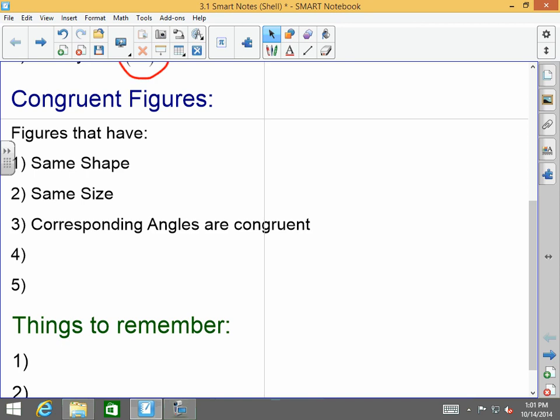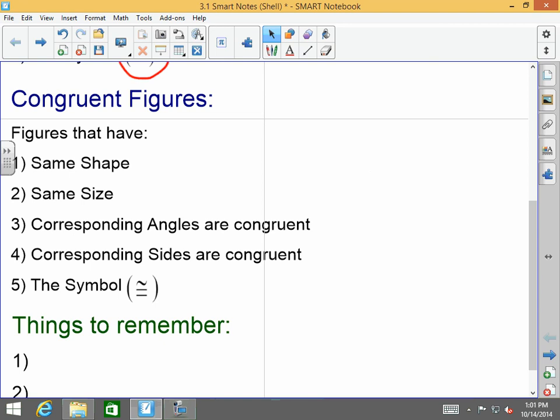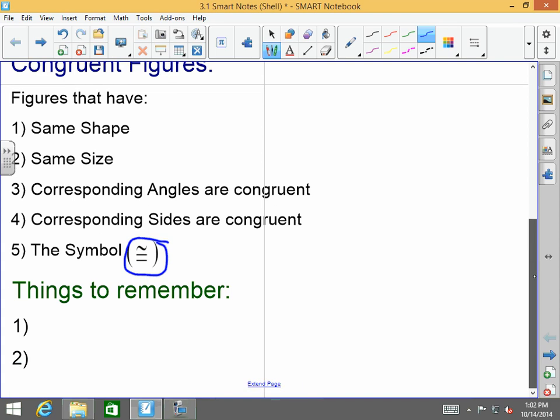That means that all corresponding angles are also congruent. Corresponding sides are congruent. And the symbol is an equal sign with the similarity symbol. It's an equal sign with a little squiggly line on top of it.